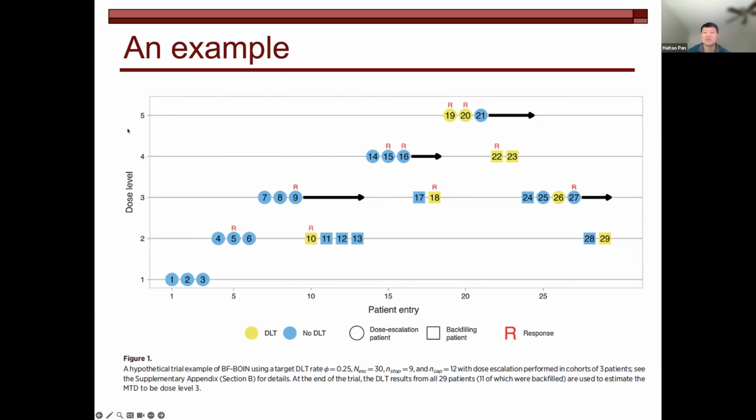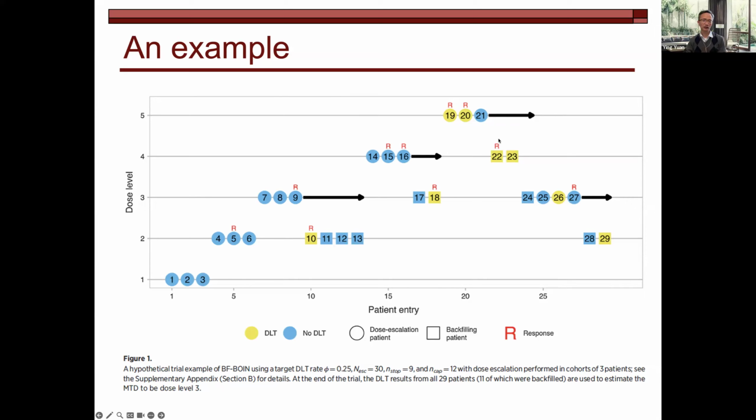The last question is, in this example, why de-escalate from dose level 5 to dose level 3? That's a good question. Because the backfill adds additional data. When we finish the DLT assessment for the cohort at dose level 5, with 2 out of 3 DLT, per the Bayesian rule you de-escalate to dose level 4. In standard Bayesian without backfill, you don't have to worry; you just de-escalate to dose level 4.